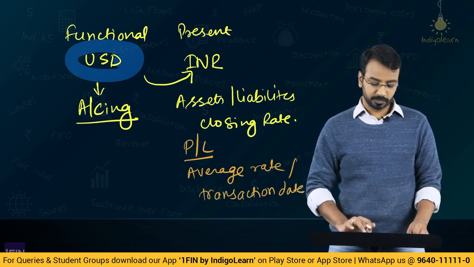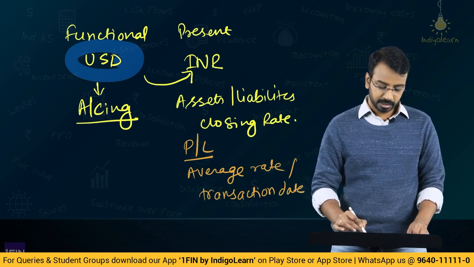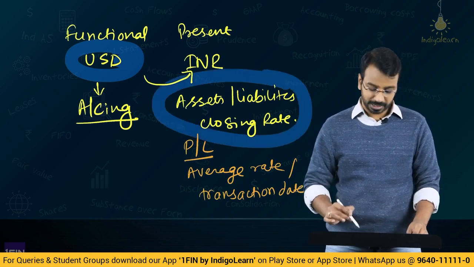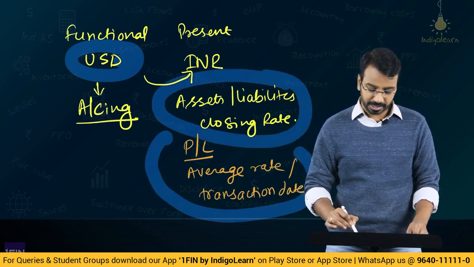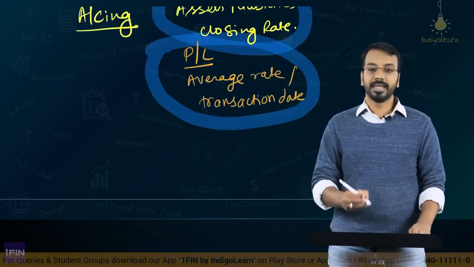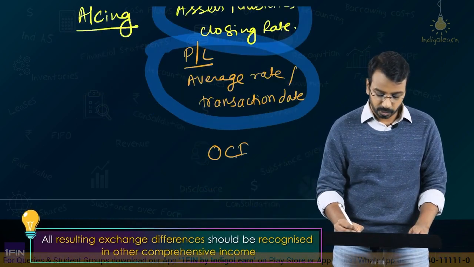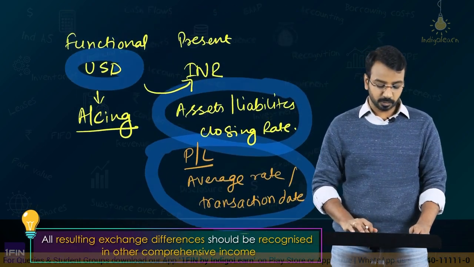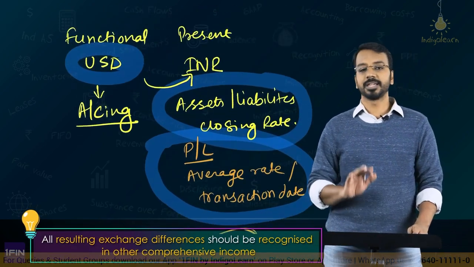So for converting the assets and liabilities, you take the closing rate. For P&L items, you will take either the transaction date rate or the average rate, and the resulting difference will be accumulated in OCI. Now that is what you do from functional to presentation currency.